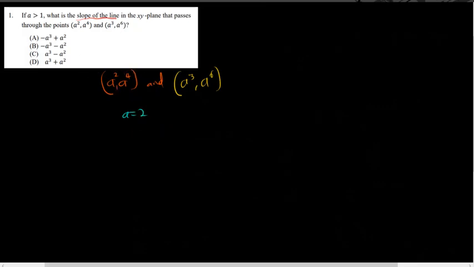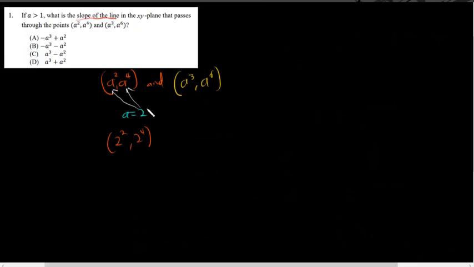So what I'm going to do is substitute 2 into a. When I do that here, what am I going to get? I'm going to get 2 raised to the power 2, and if I do the same thing here, I'm going to get 2 raised to the power 4. So that is the first point here.